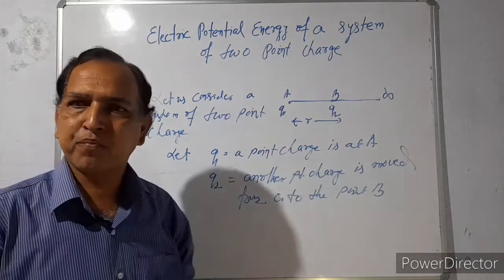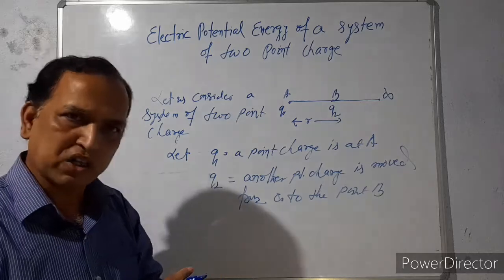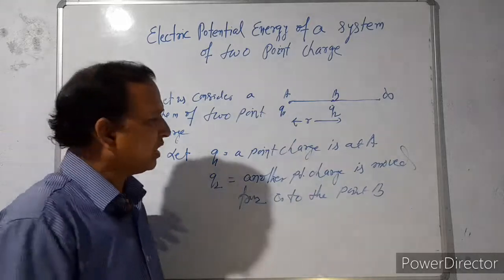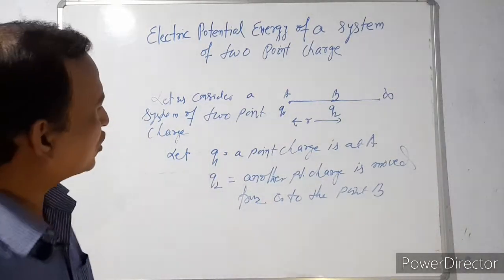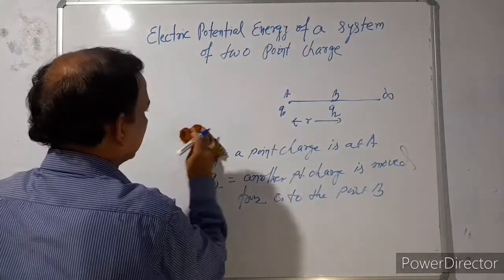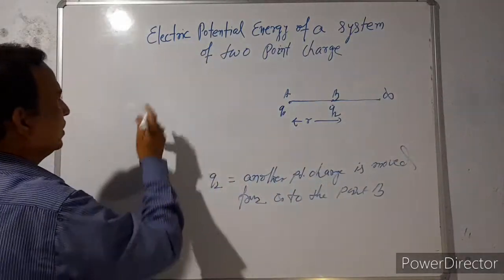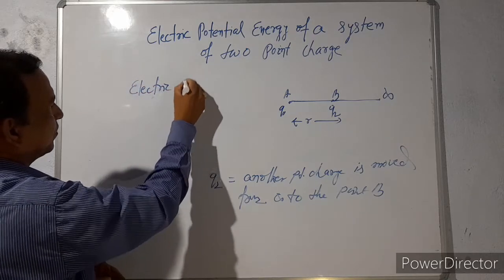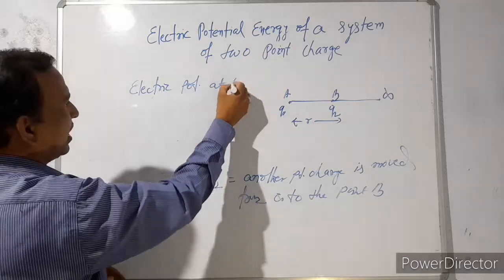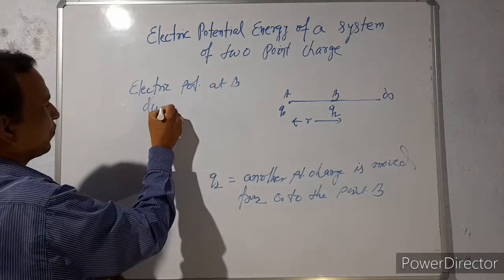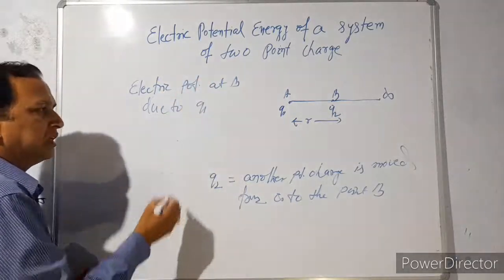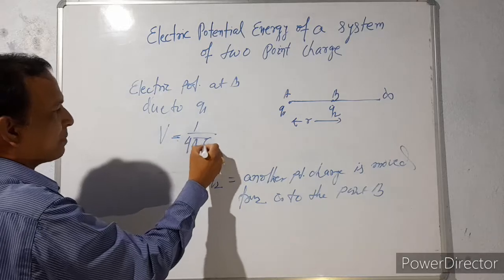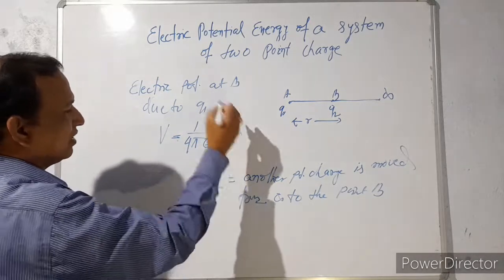At B, what is the potential? Some work has to be done. We can find the electric potential at B due to the charge Q1. So that is V equal to 1 by 4 pi epsilon naught Q1 by R. Why R?